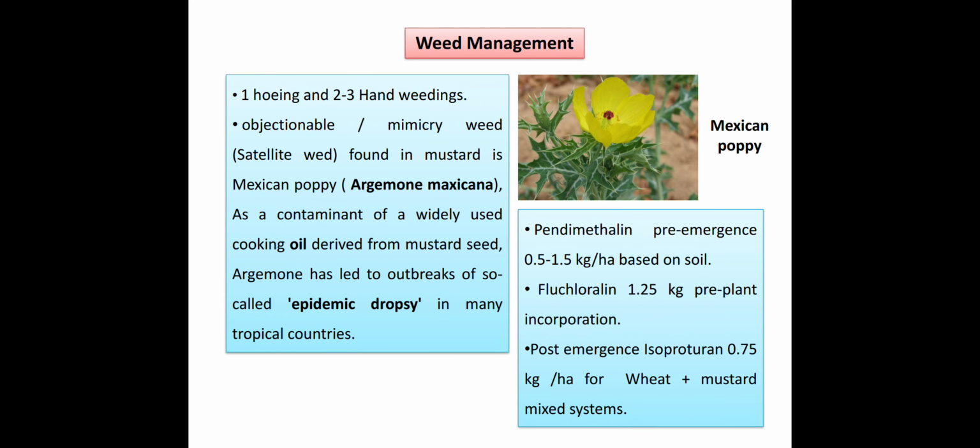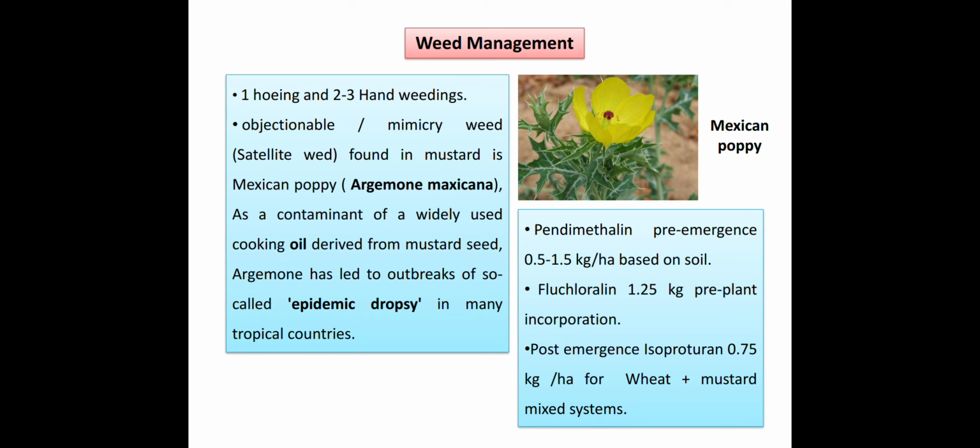Then for weed management, as we all know, the objectionable or satellite weed found in the mustard crop is Mexican poppy, that is Argemone mexicana, which is a contaminant of widely used cooking oil derived from mustard seed, and Argemone has led to outbreaks, so-called epidemic dropsy, in many tropical countries. For controlling such weeds, it is necessary to use mechanical methods such as one hoeing and 2 to 3 hand weedings.